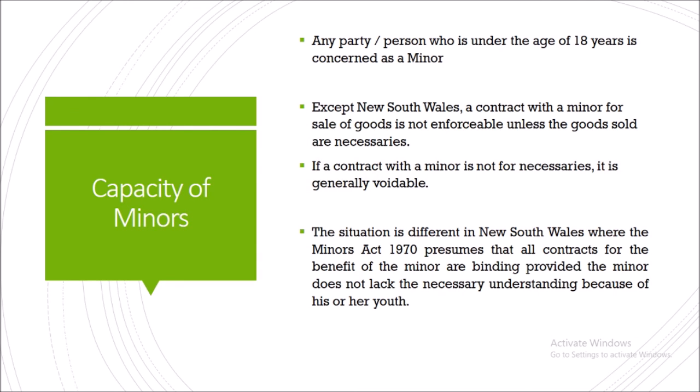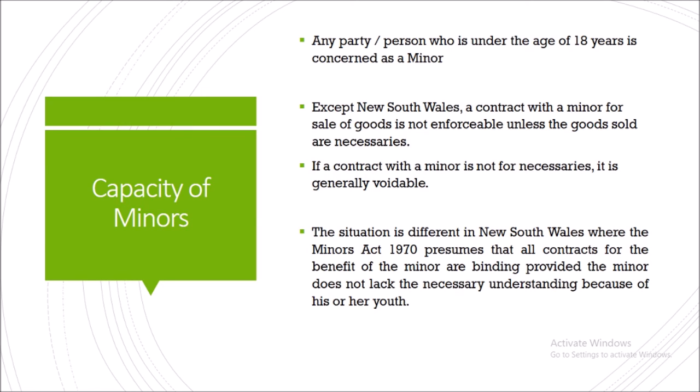So the capacity of minors, the last point, right? What do you mean by capacity of minors, and who are the minors? Minors are the people who are below the legal age, which we call the legal age of 18 years, right? In the Australian context, people who do not exceed 18 years are not entitled to be bound by contracts, because they are considered minors.